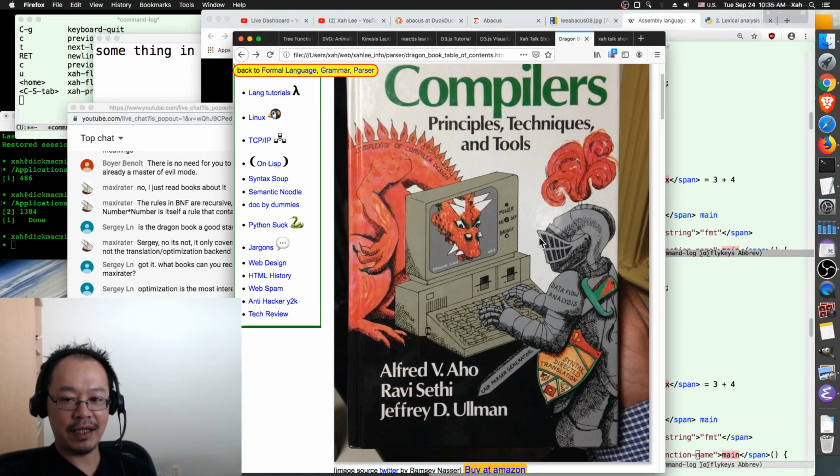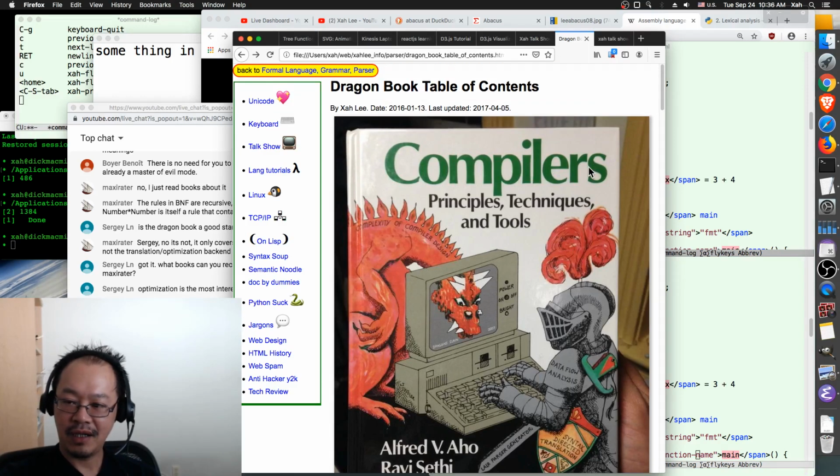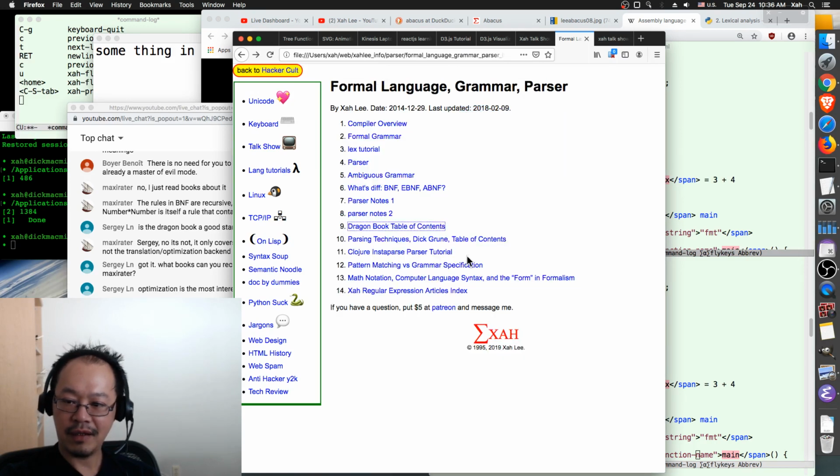So if you really want to write a compiler, you can read this book. But today there are a lot of tutorials out there. If you really want to write a compiler, you don't necessarily need to read a book. There is a lot of information, tutorials and so on.